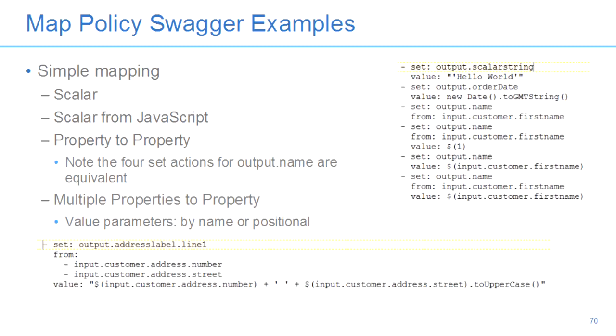And you'll see in this case the from is not necessarily just a scalar as was shown on the upper right, but now it's being specified as array elements. And then the actual value is going to reference those two values. And again, it could have been done as it is shown here. It could have been done positionally with a $1 and a $2 instead of the actual full input names.